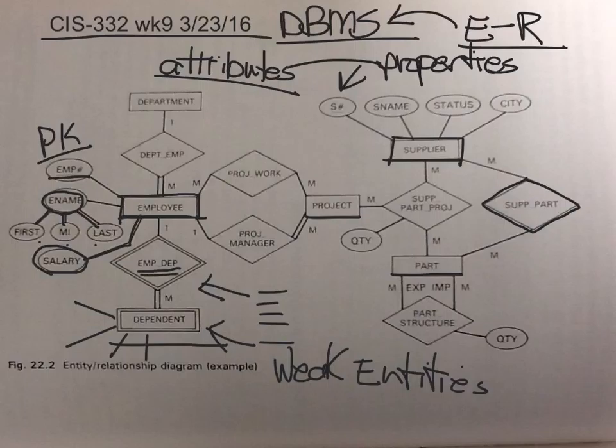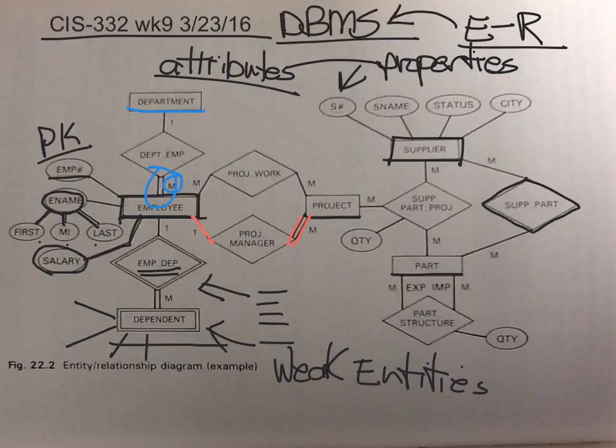And then we have the department and employee. The employee must belong to the department, right? So the employee belongs to one department, but a department can have many employees. And so then you can look at the whole project here. You can start to see a project must have a manager.